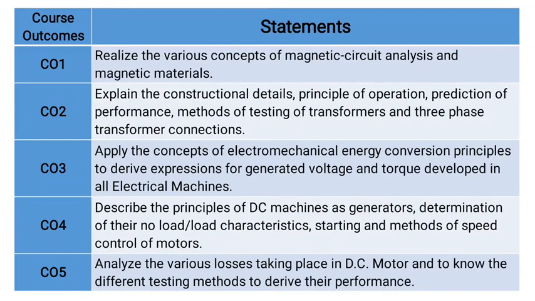And the fourth unit, you will be able to describe about the principles of DC machines which work as generator, and you will be able to determine the load and no load characteristics, and also the starting and methods of speed controls of the DC motors. And finally the fifth unit, which will cover about DC motor, you will be able to analyze the various losses taking place in DC motors and know the different testing methods to derive your performance.